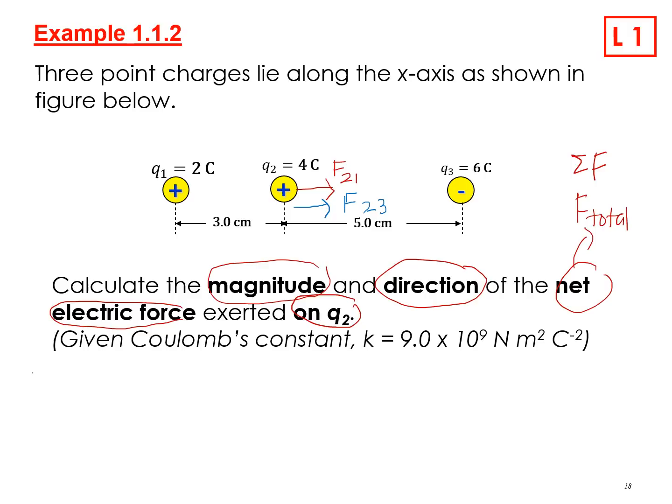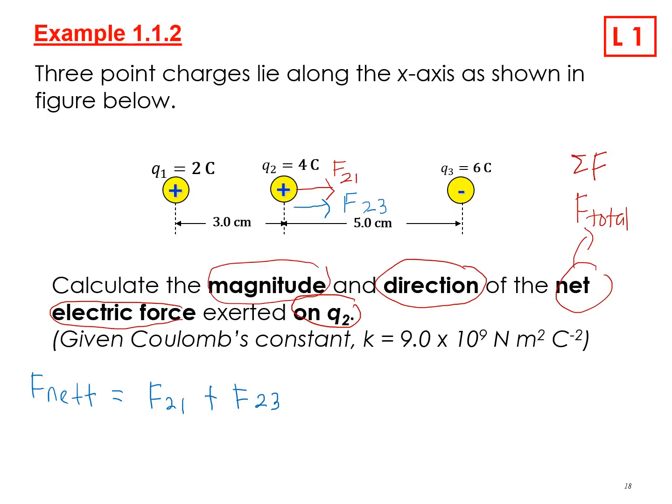Therefore, F net, meaning you total. So how many forces in total? You have F21 plus F23. Okay, you total that.